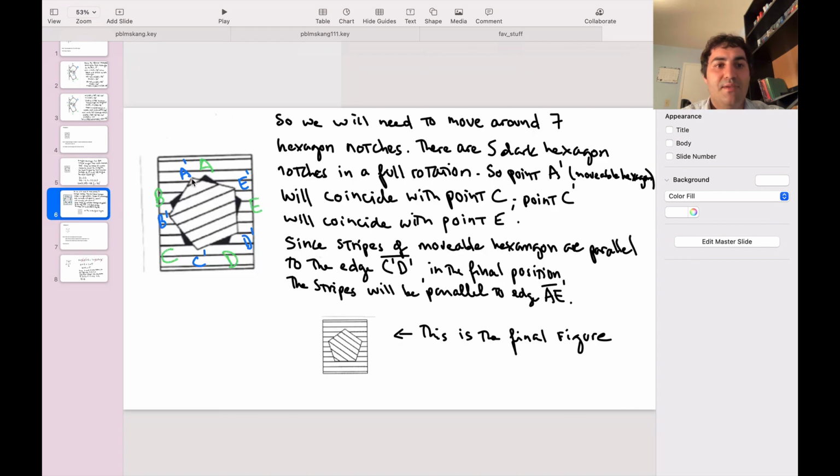So we're going to have to move the striped hexagon 7 notches to get to the next point that's going to fit. If we take point A prime, for example, if we do 5 notches around, it goes back to the original point A. So we have to look at 2 more notches.